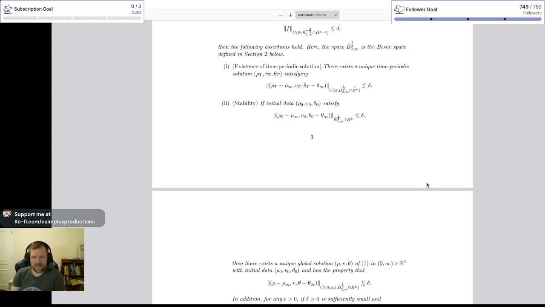Existence of the time periodic solution. There exist multiple time periodic solutions, rho_T, v_T, theta_T, satisfying the following. So for rho_T, the magnitude of the distance between the time periodic solution value and, like, essentially the steady state, I think, is what it's going for at infinity.